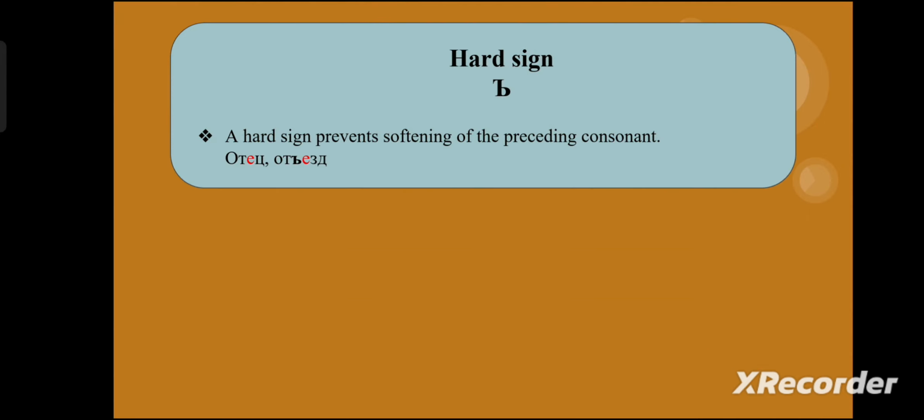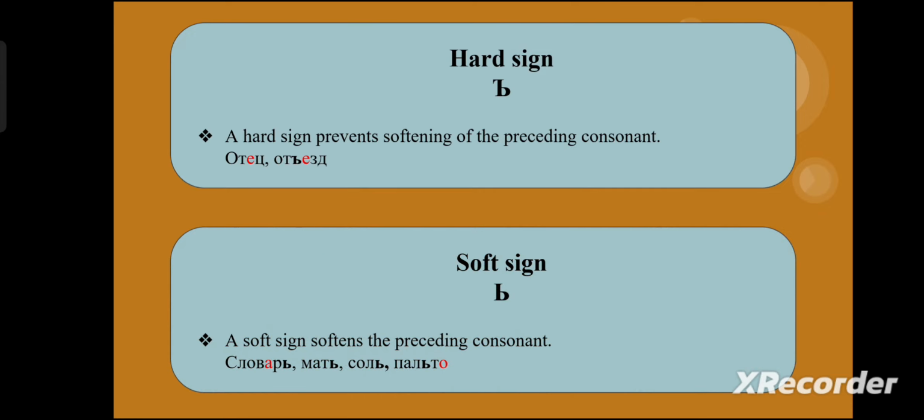And finally, let's discuss the hard sign and soft sign. We know a hard sign prevents softening of the preceding consonant. We have the example Отец and atheist. Here, in the word Отец, we do not have a hard sign, and in atheist, the second word, we have a hard sign.